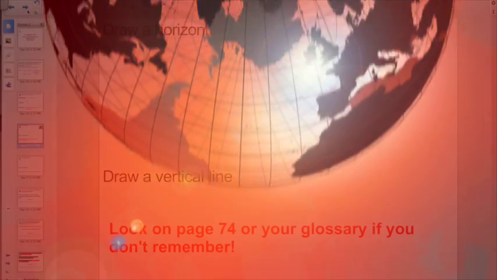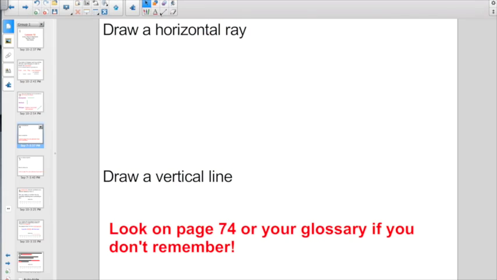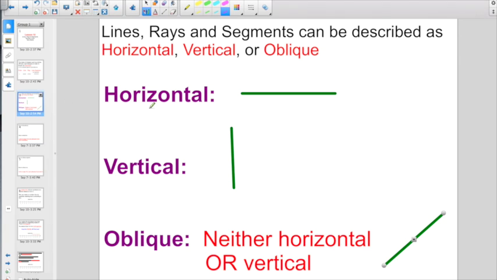Oblique just means it's not straight up and straight down vertical, or it's not straight left and right horizontal. So we might run into some problems like this that'll say, draw a horizontal ray. So first of all, if you don't know or remember what that word horizontal means, go and take a look at either page 74 or look it up in your glossary. You are welcome to use your book to help you through the Socrative quiz today if you can't remember. Horizontal, let's take a peek back here.